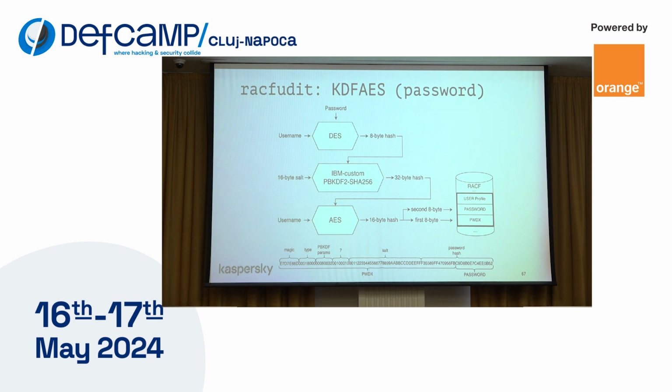But what about KDFIS? It's more complicated. It's divided into a few parts, and after performing all encryptions, we may concatenate the first 8 bytes to the PVCX password field.